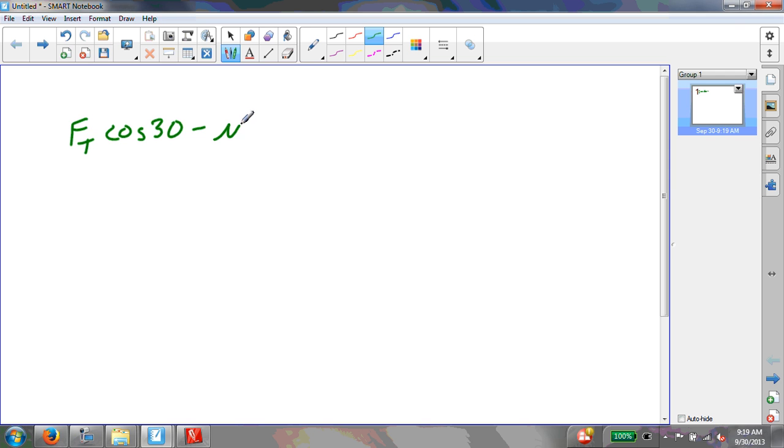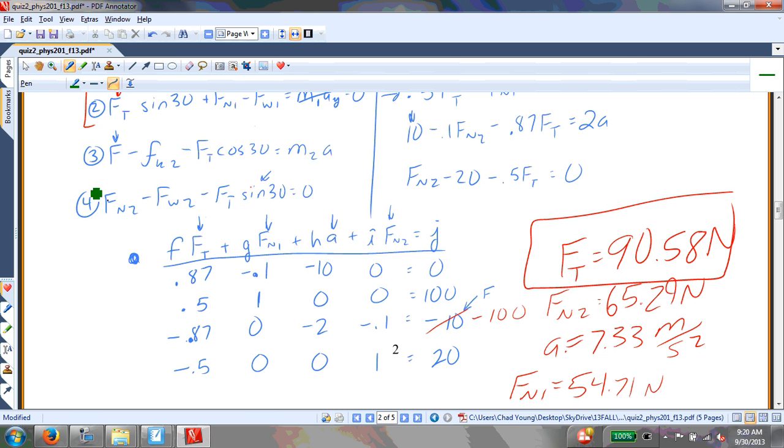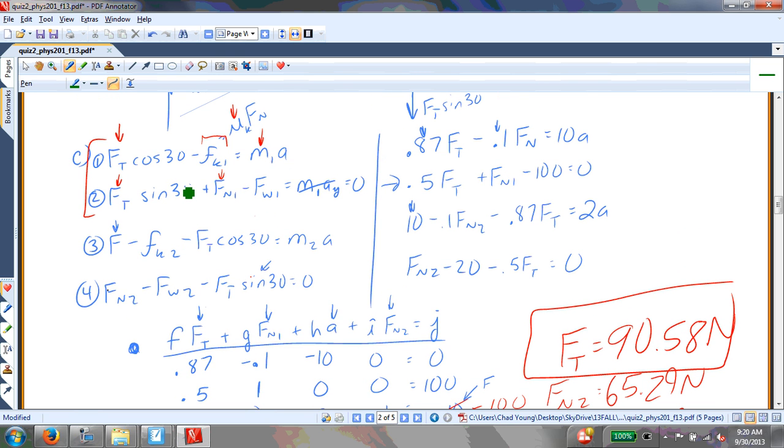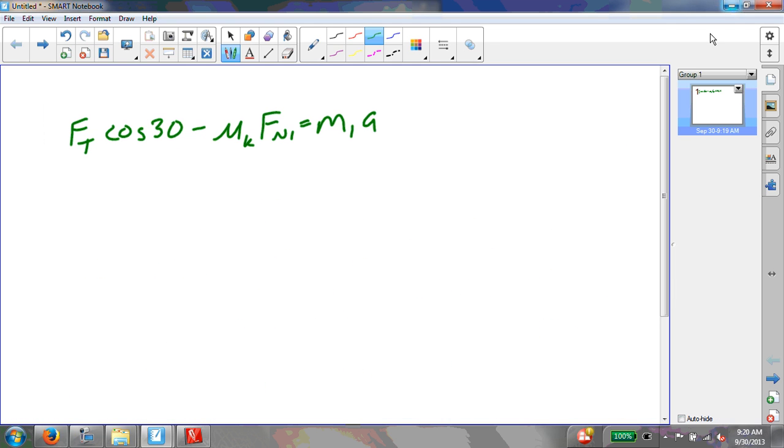I'm going to replace Fk1 with mu k Fn1, so mu k Fn1 equals M1 times the acceleration. And then my second equation was this: Ft sine 30 plus Fn1 minus Fw1 equals 0.